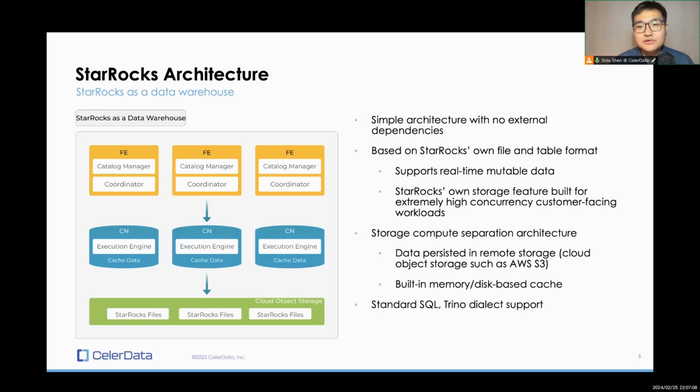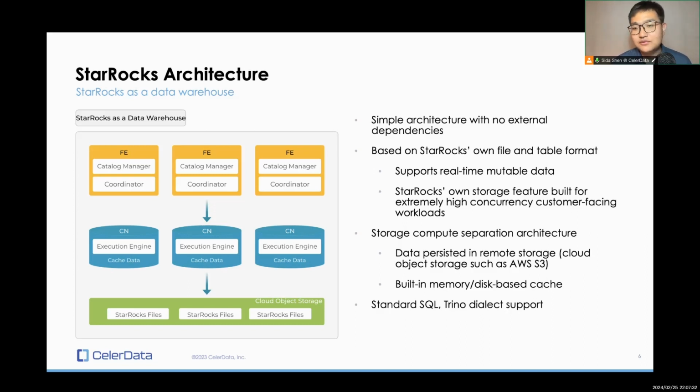As a data warehouse, StarRocks persists the data for you. The data is persisted within StarRocks with StarRocks' own file and table format, and the formats are built specifically for high performance workloads. It supports real-time mutable data.